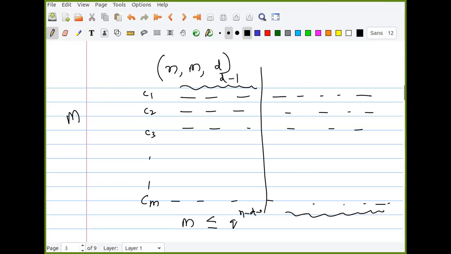So maximum I can have this. This is a very big upper bound, but M cannot be greater than this. This can be proved in various ways. We proved it in another way using the generator matrix, and by using the parity check matrix also we can find it. Anyhow, MDS codes have various properties.